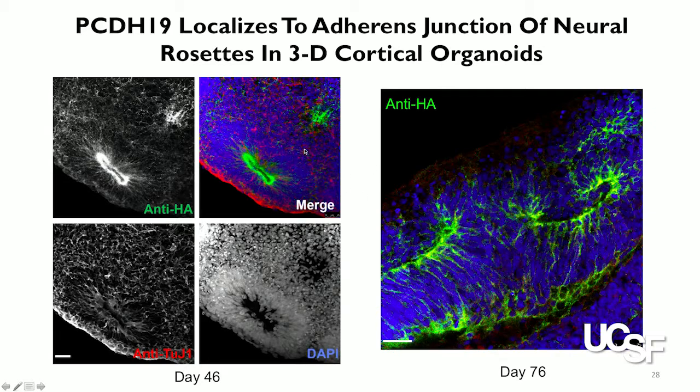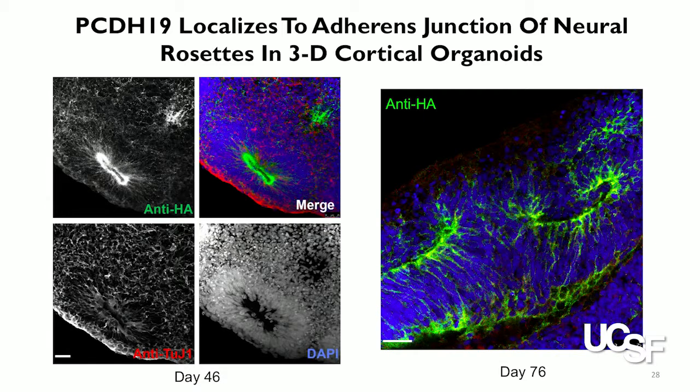The HA does not quite overlap with the TUJ1 signal, and based on our preliminary observation, I think it seems to be in between the neurons, at the cell-to-cell adhesion surfaces.